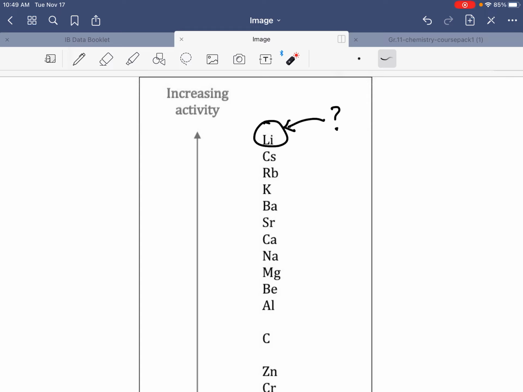Due to the fact that lithium is very small, it only has a value of n equals 2. The lithium ion interacts very well with water to form very, very stable things. So that's why it's on top.